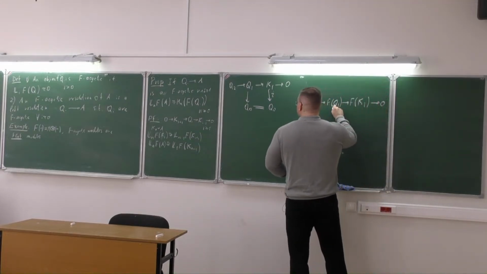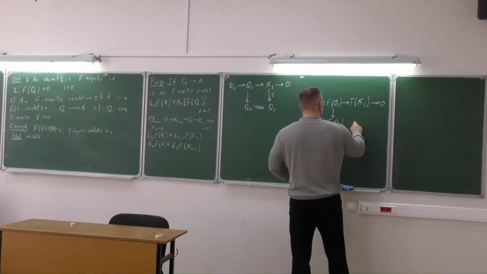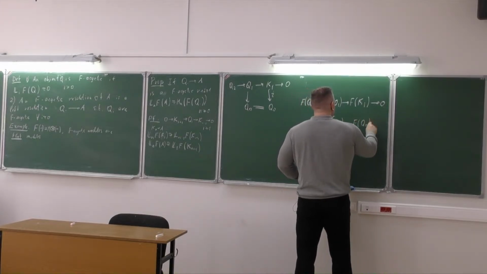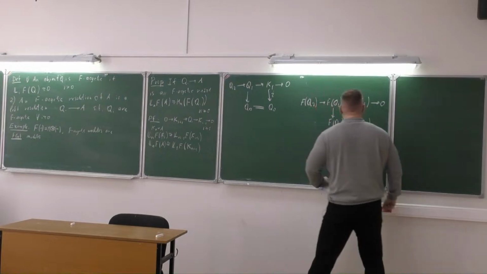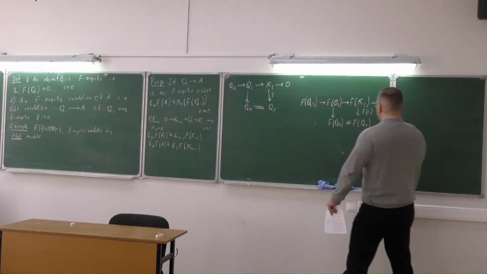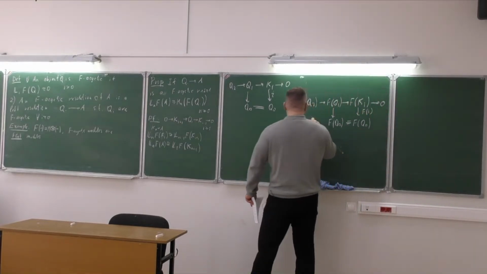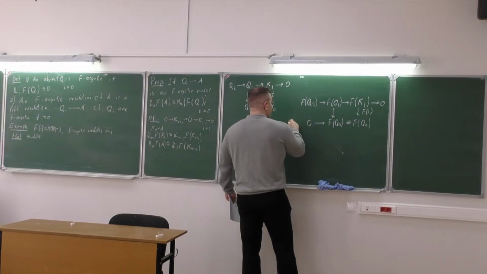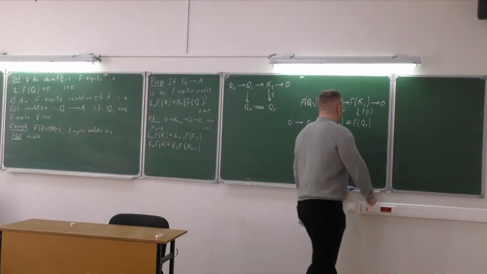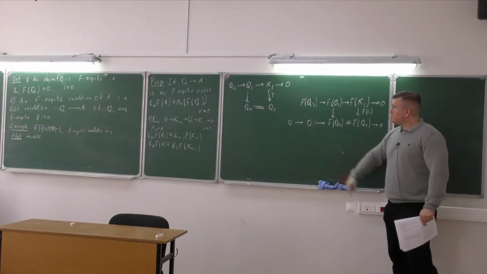Well, and of course this is mapped to F of Q_0, F of Q_0, and this is just an isomorphism, and also there is a map F of i here. So I can add 0 here, get the corresponding short exact sequence, kind of the trivial one, with just an isomorphism here, and this is just a 0 object.